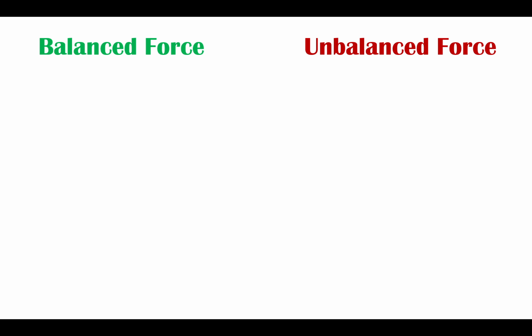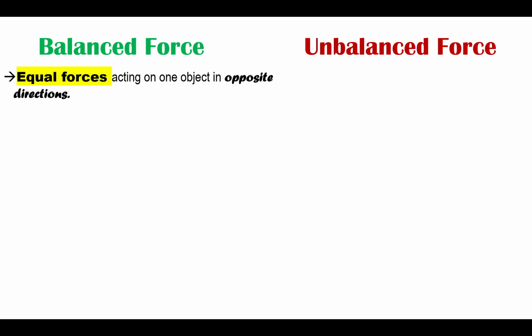Let's begin with balanced force. Balanced forces occur when two or more forces acting on an object are equal in strength and opposite in direction. So when forces are balanced, the object does not change its motion.